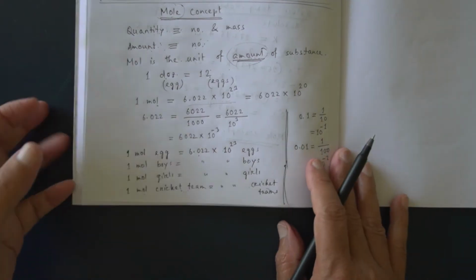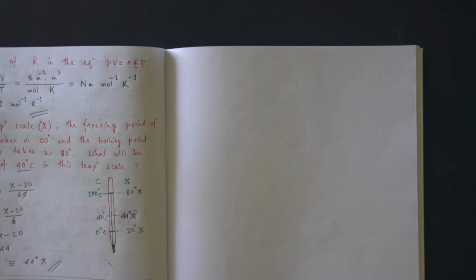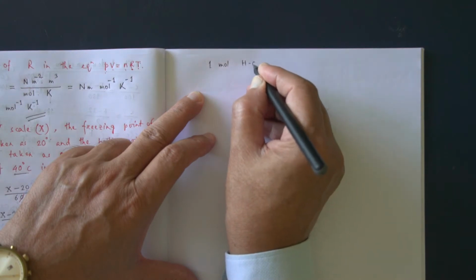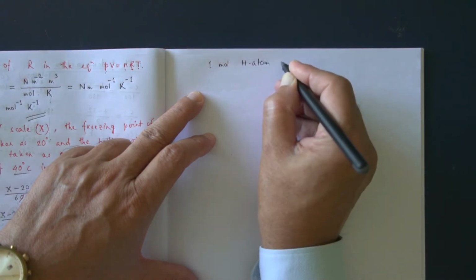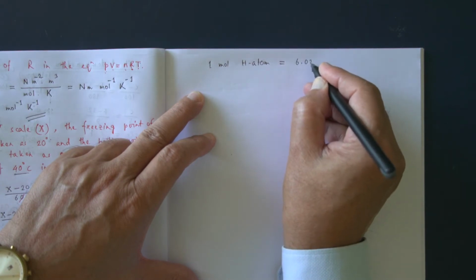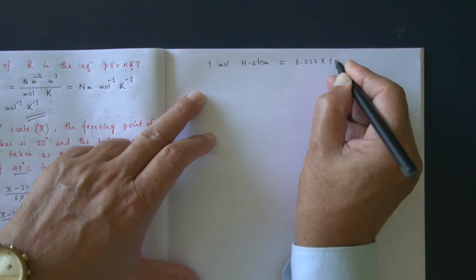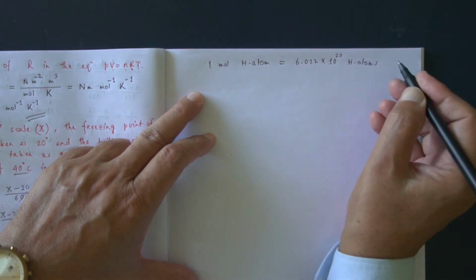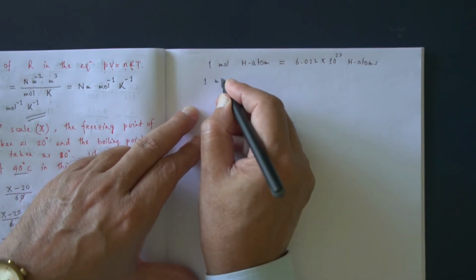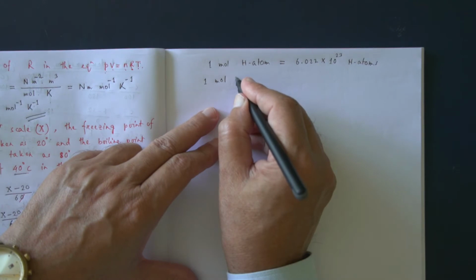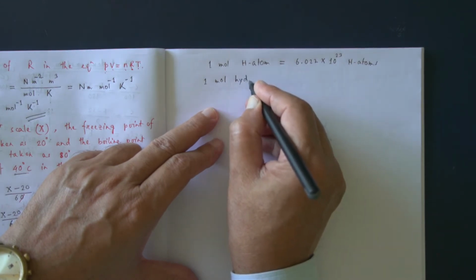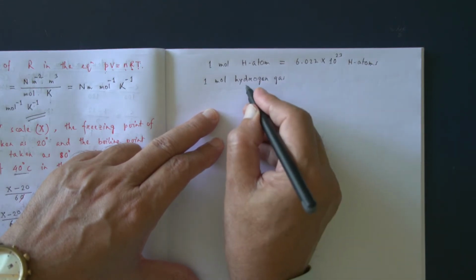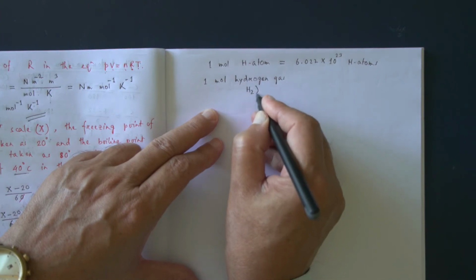Okay, now say one mole hydrogen atom. That means this much hydrogen atoms. One mole hydrogen gas. Now hydrogen gas means hydrogen molecule.